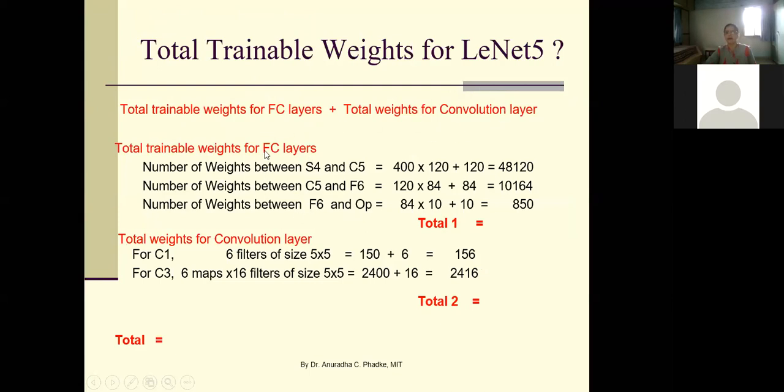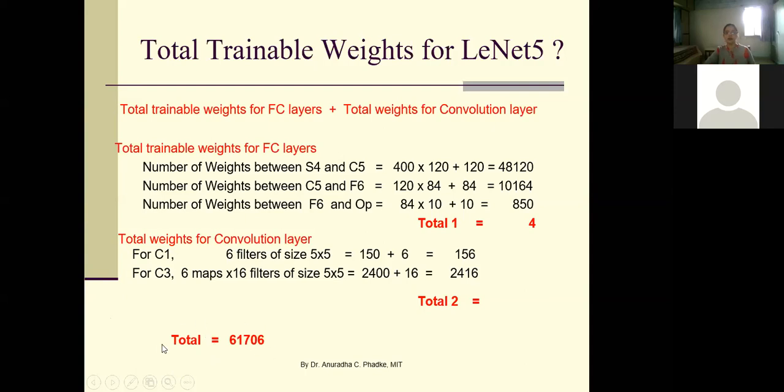For the fully connected layers, it is 48120 plus 10164 plus 850, which gives total 1. Then total weights for the convolution layers is the addition of weights for layer C1 with that for layer C3, so it is 156 plus 2416. When you add total 1 with total 2, you get the total trainable parameters.